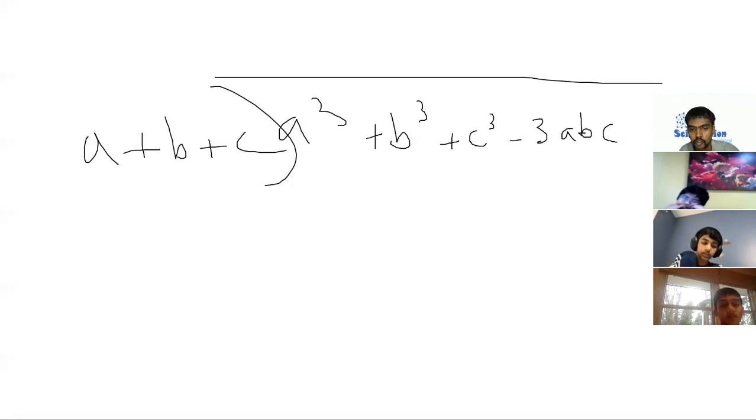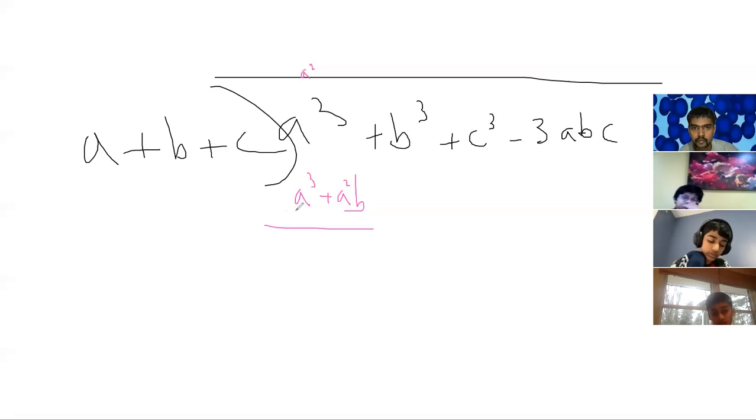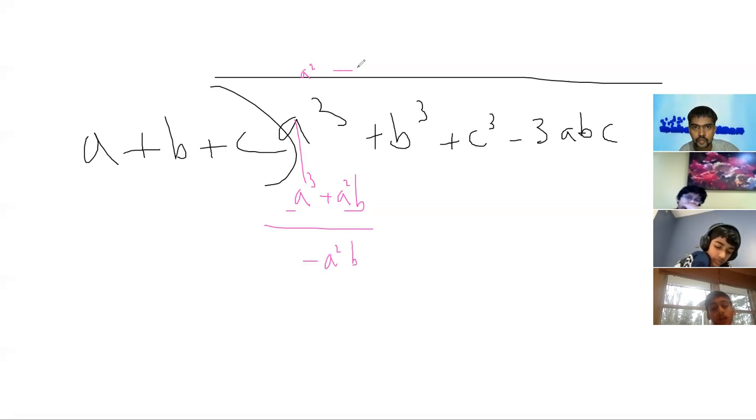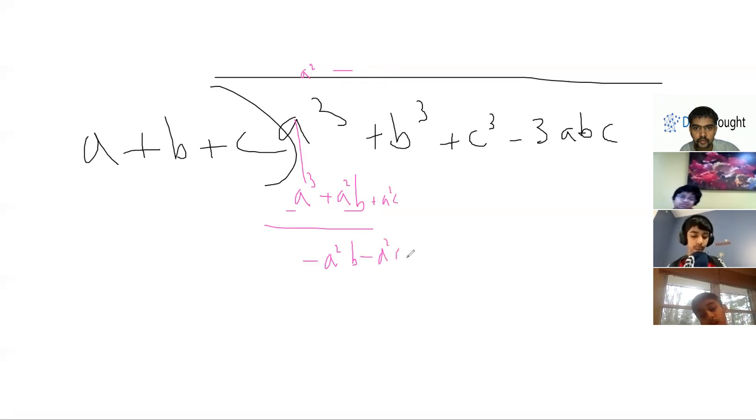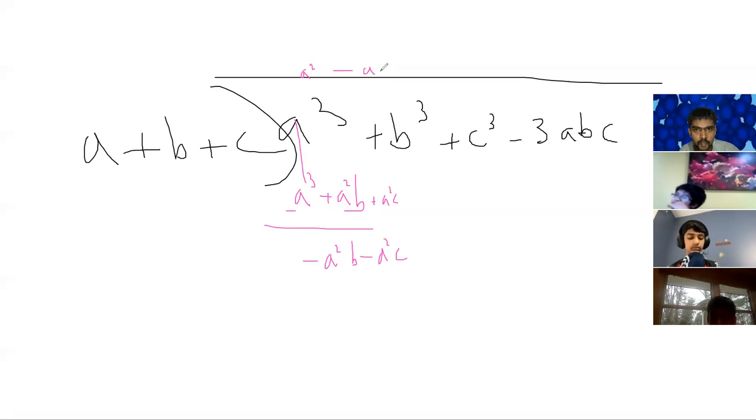Okay, all of you got it? No, did you get it? See here, you multiply with a square, you get a cube plus a square b. Cancel, you get minus a square b. So now you multiply a square, and you also have a square c, so you get minus a square c. So you want to knock off a square b, so now you will try minus ab.